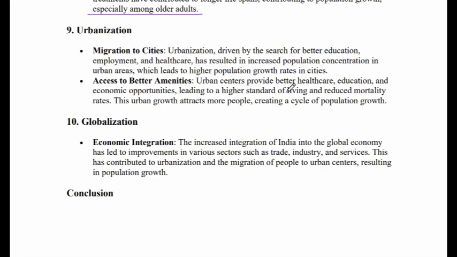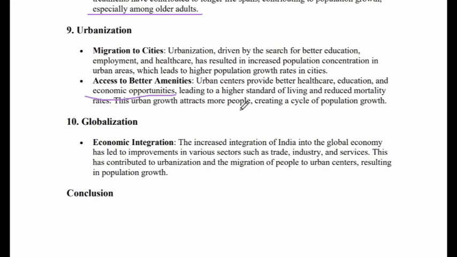Urban centers provide better healthcare, because in cities we have good hospitals and doctors, and a lot of people come from villages to cities for their healthcare related needs. Urban centers also provide education and economic opportunities so that people can earn more money, leading to a higher standard of living and reduced mortality rates.